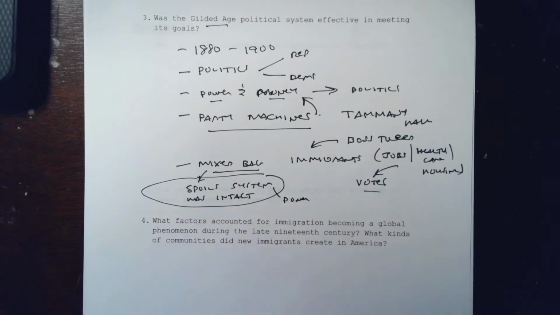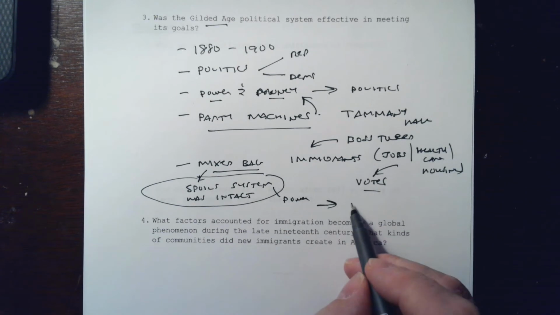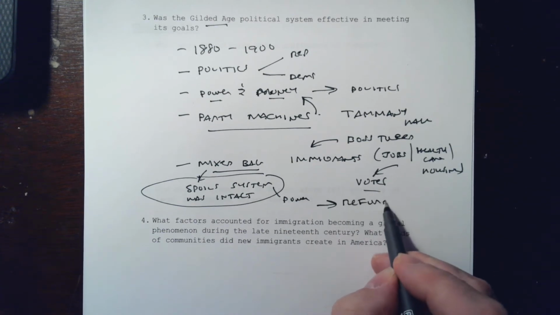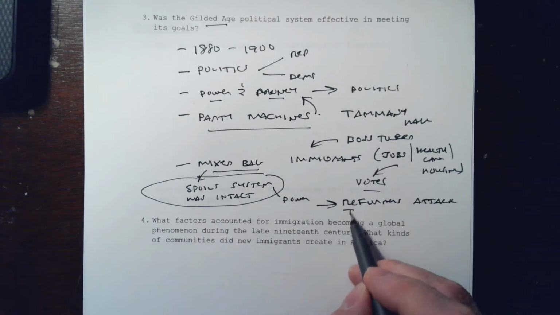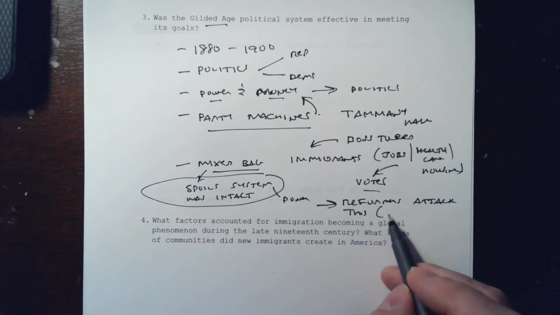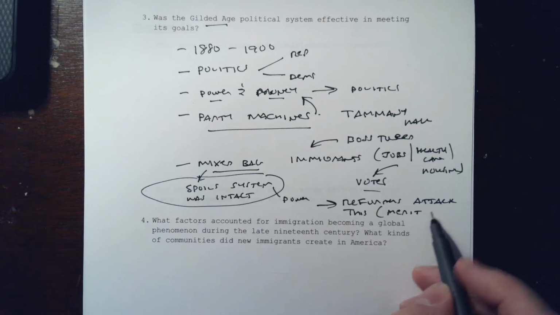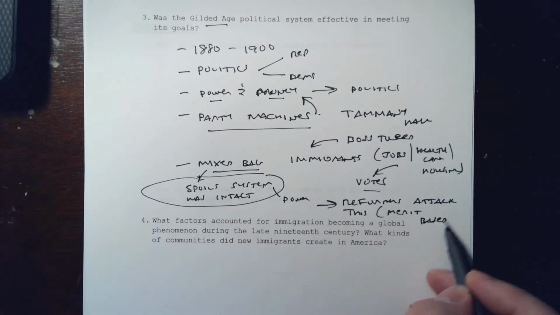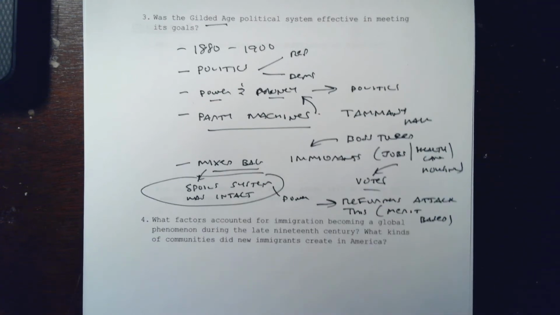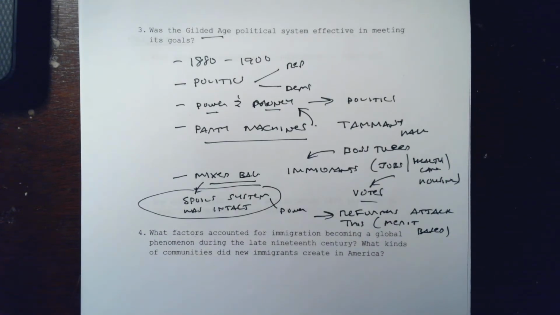They can exchange jobs for money and votes and such, right? The only thing that's going to happen is the reformers are going to come in and attack this, all right? And what they want is jobs to be doled out not to loyalty, but based on merit, all right? And that's where you get those federal tests, all right?